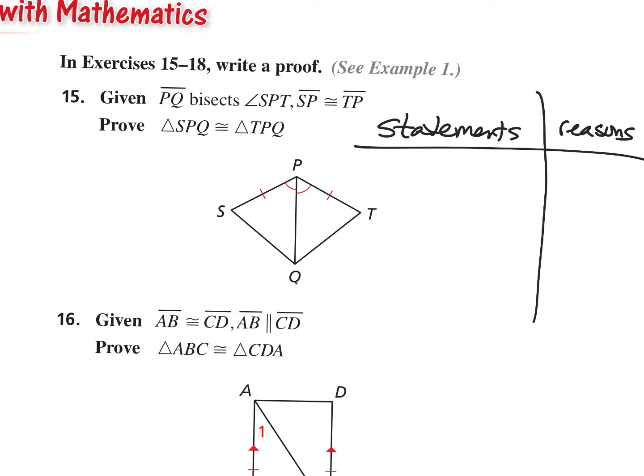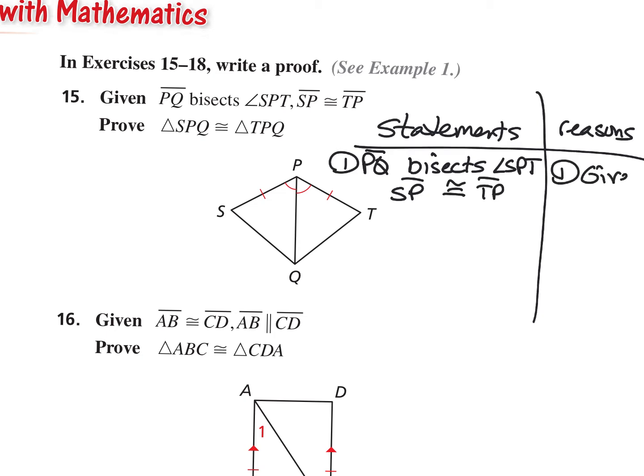So here it says, given that PQ bisects angle SPT and that SP is congruent to TP. And that's our given. Now notice the picture was already labeled for us.